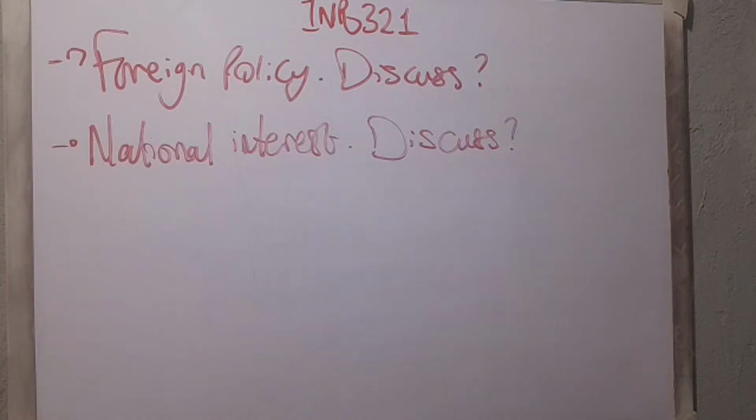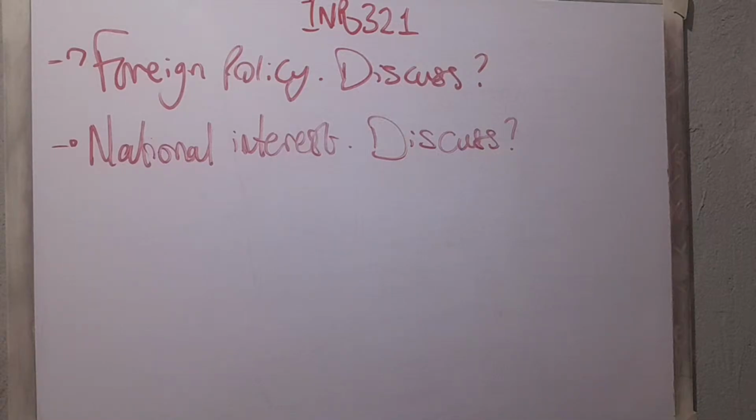This national interest is a backbone, a guiding principle of a nation's foreign policy, having in mind what the country's primary priorities are. These primary priorities are what interest this country.